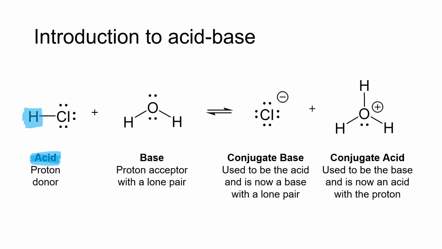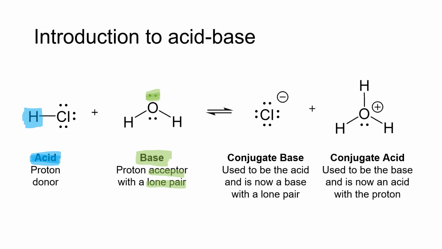Okay, we also saw that the species received that hydrogen by using its lone pair to form that bond. Okay, the species that is accepting the proton with its lone pair, we refer to as the base, and it is the proton acceptor, and it's the species that has the lone pair that's forming the bond.